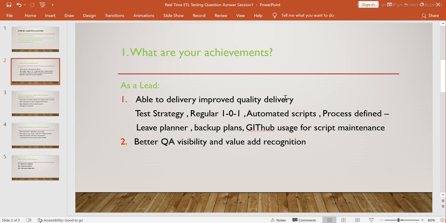The second thing that I did was start regular one-on-one meetings with each of the team members. In the team meeting, team members were not open to sharing if there was any conflict or issue. So I started regular one-on-ones, and the frequency is based on my team size.